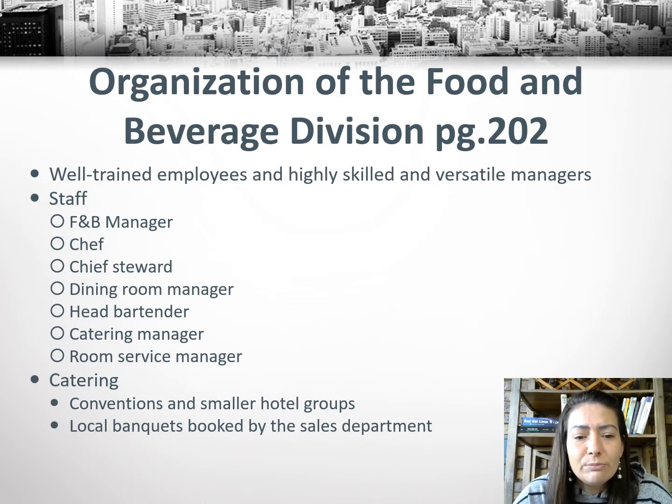How is a food and beverage division organized? It is very important that the staff are highly trained and versatile. Nothing is more irritating than going to a restaurant, and me who loves wine, knows wine, drinks a lot of wine, and likes to experience new wines and pair wine with food, ask and expect the waiter to know the same.